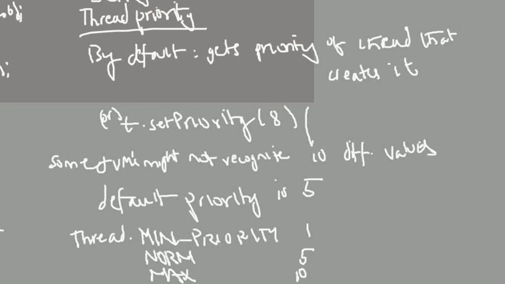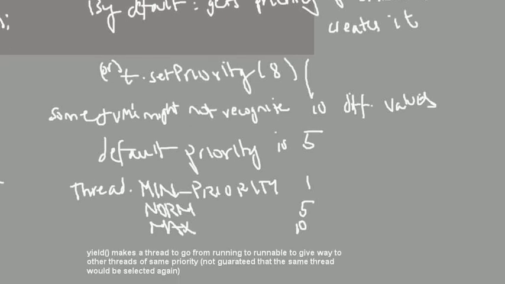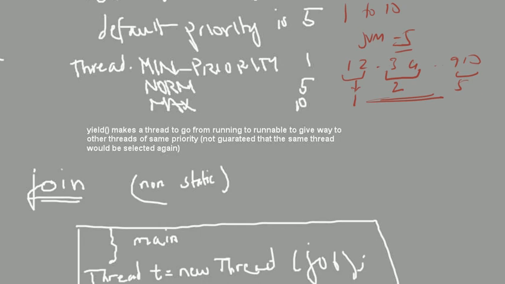Some JVMs might not recognize 10 different values, so even if you have 1 to 10 priorities, some JVMs might only recognize 5 of them. So priorities 9 and 10 would be mapped to one level, the next two to another, and so on. There are also some constants which define certain priorities like this.